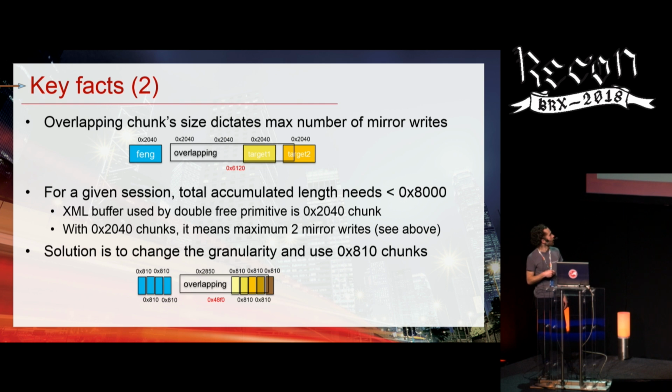If you want a hole of 2K, you can free 4 chunks. Then your reassembled packet can be 4K, and you get, in this example, 5 mirror writes using just 4K, whereas we had 2 mirror writes using 6K. So you get more mirror writes.